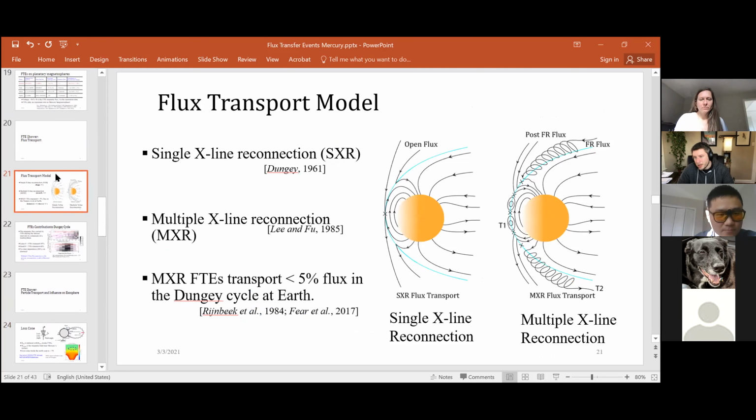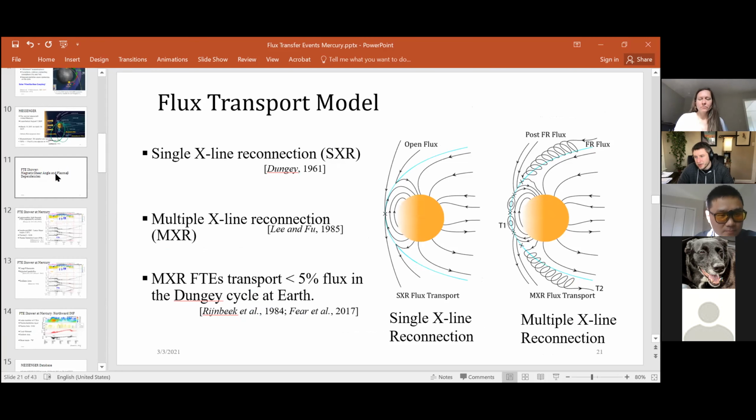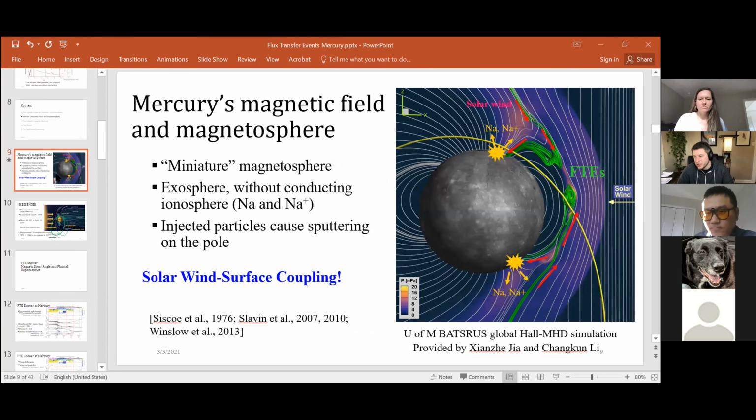I gathered that you were suggesting that was happening even for really low shear angles in northward IMF. Does Mercury's magnetosphere ever have open field line reconnection at the high latitude cusp region? Can both happen simultaneously, or is it just subsolar low latitude reconnection?